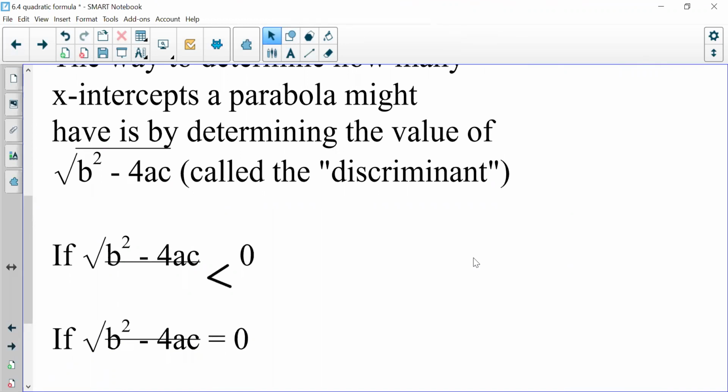If the discriminant is less than 0, which means a negative number, I want you to try on your calculator the square root of any negative number. Let's say square root of negative 7. What does your calculator tell you? Exactly. If it's a negative number, this means no real roots.